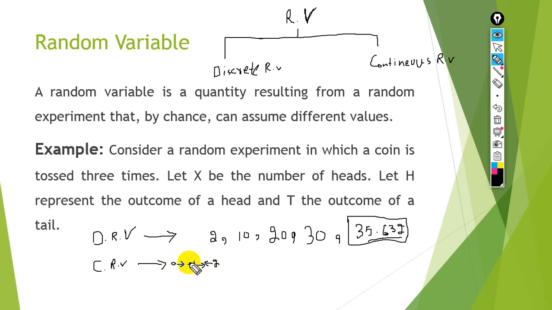For example, we can also take the value of continuous as 0.1, 0.2, 0.235. So we can say that the continuous variable has value between 0 and 1, 1 and 2, 2 and 3.